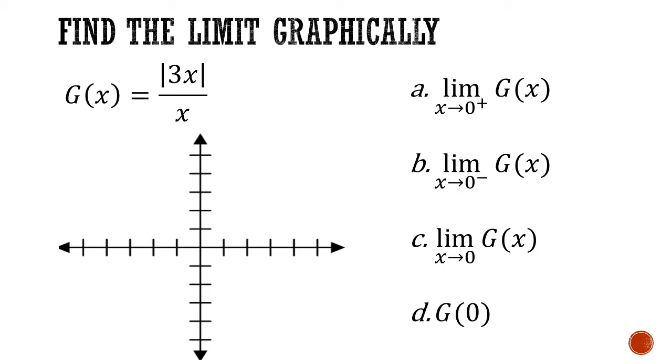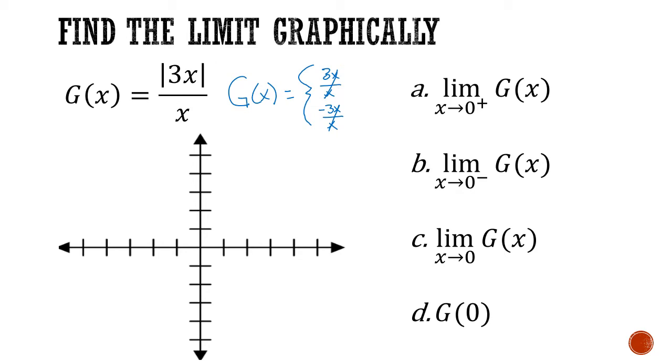And we're going to separate this. g of x equals 3x over x and negative 3x over x. Well, if I simplify that, I have 3 and negative 3. So this function is actually a piecewise function that's two horizontal lines.